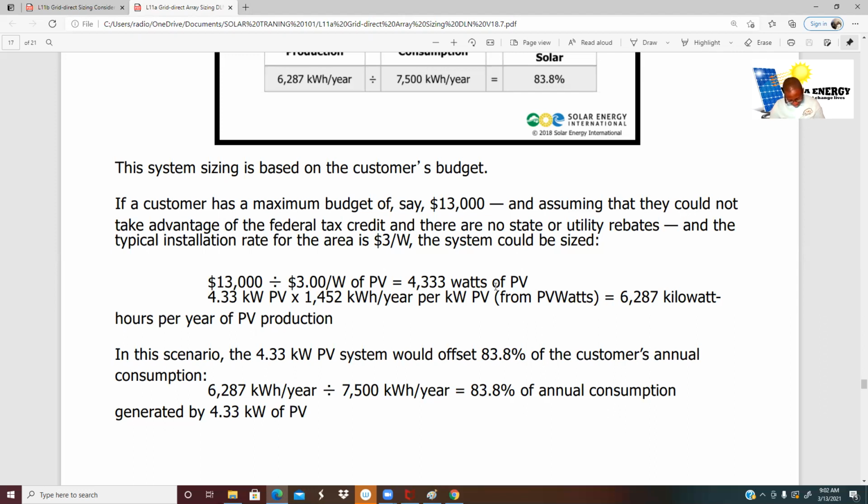Divide that by 1,000 to get our kilowatts. Our kilowatts, we multiply by the location kilowatts hour year. Right. So I'm going to practicalize that for you.